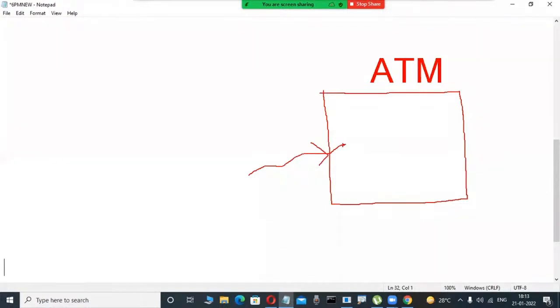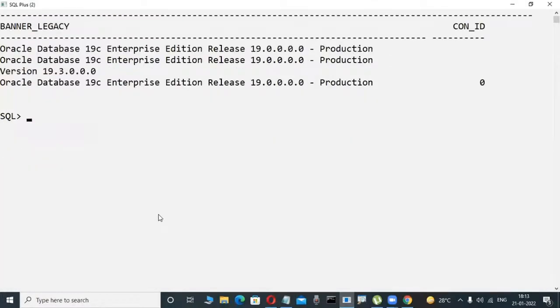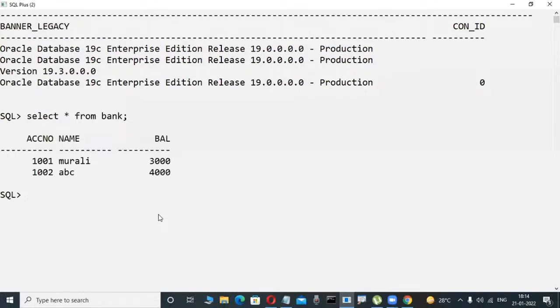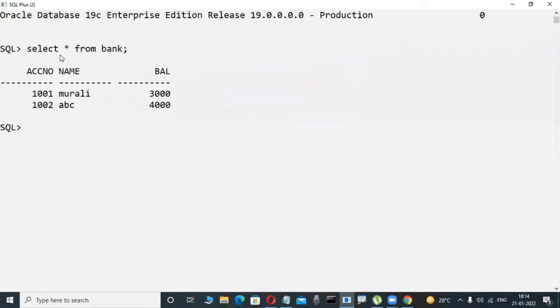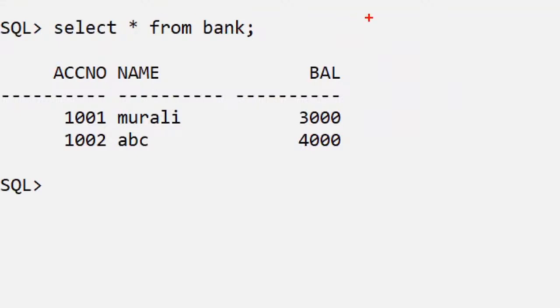Now check it out. Slowly observe the screen. Suppose in this database there is a bank table, for example. Just observe the scenario, a very easy way to understand. We store the data in table format.